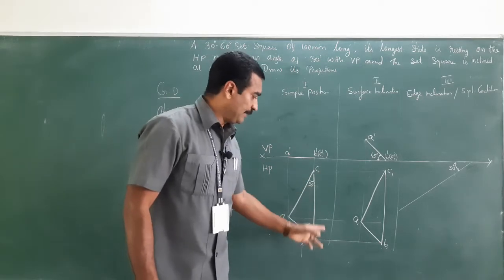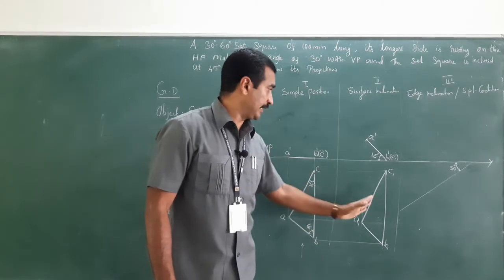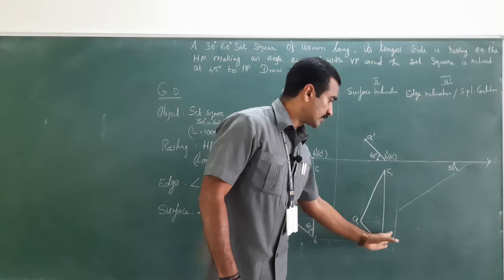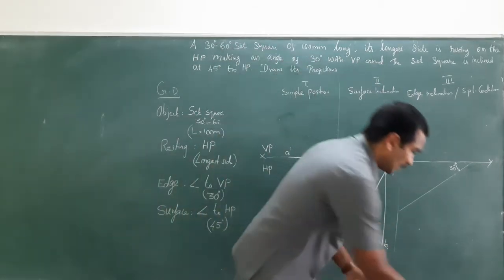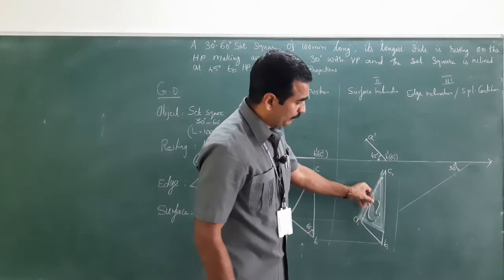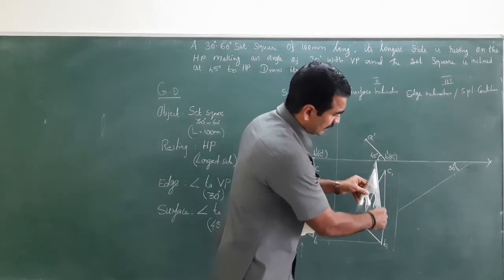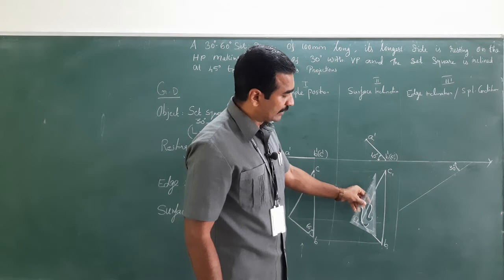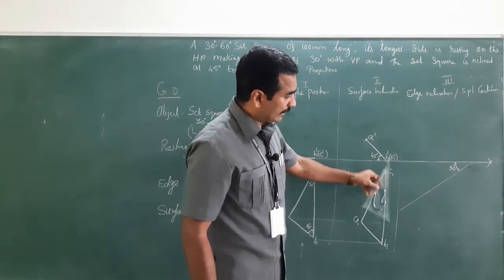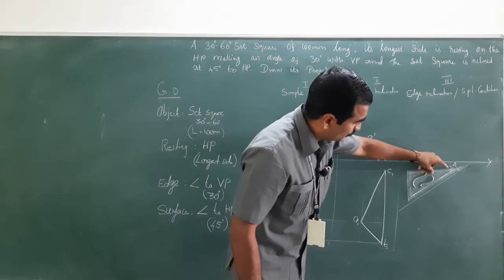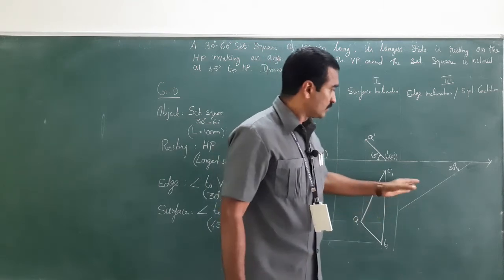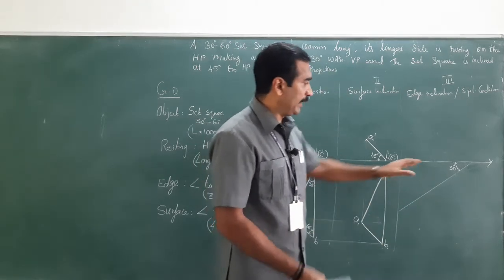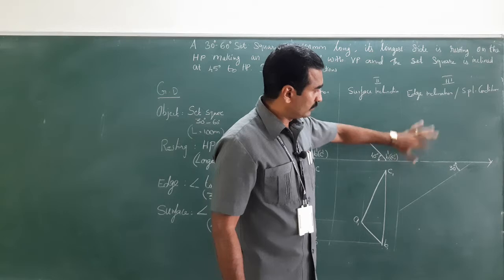So with CB, that is the longest side which is resting here. Here is also the skewed image. This is how it is looking. So now this edge, that is the longest edge, needs to be tilted at an angle of 30 degree. If I keep in this manner, sometimes this corner may intersect the XY line.